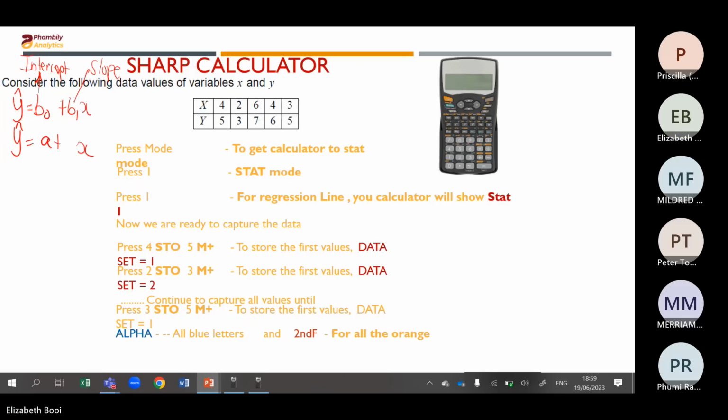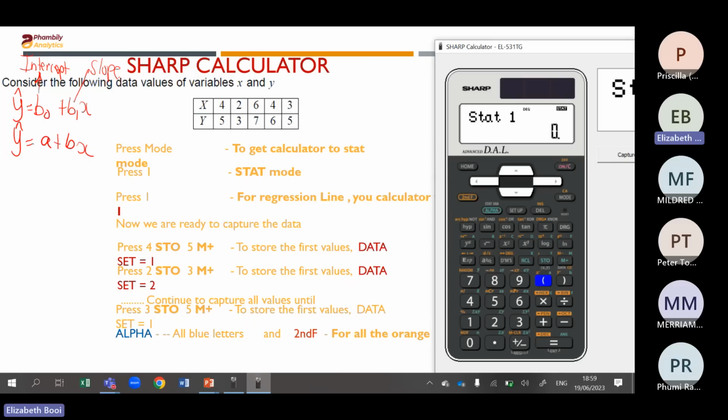On this one, we use the small letters: a on an open bracket, b on a closed bracket, and r is on the division. Now, if we want to estimate, we are going to use the shift button and press the X estimate and the Y estimate on the open and close bracket. I'm going to show you just now how to use that.